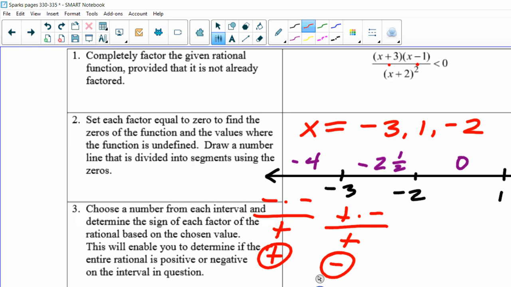Positive times negative over positive. What's that give us? Negative. 2. Positive.